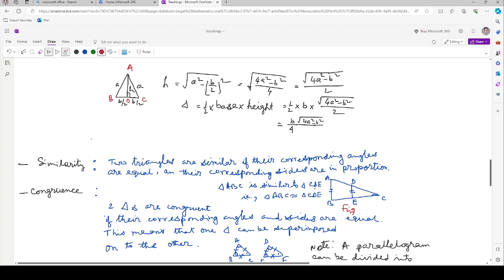Triangle ABC is similar to triangle CDE because the corresponding angles are equal and their corresponding sides are in proportion. That is, CD by CA equals CE by CB equals DE by AB.